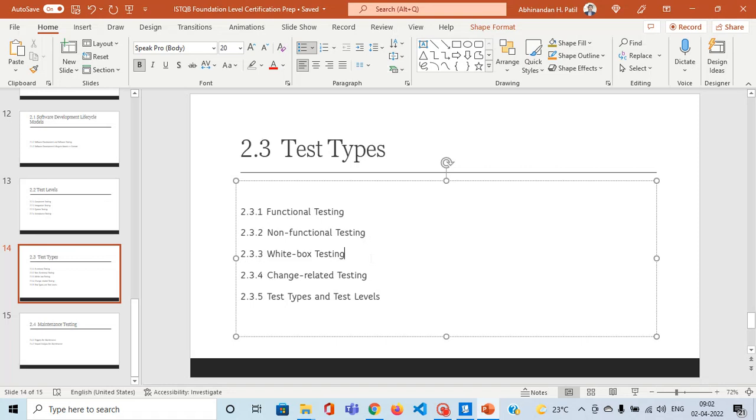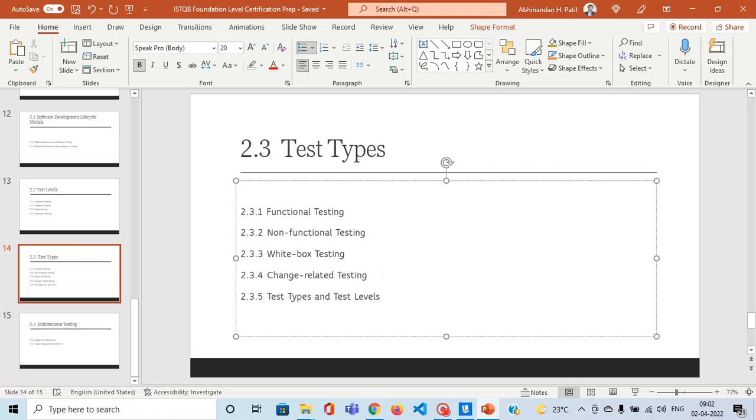Now, next is change related testing. What we mean by change related testing is whenever a bug or a defect is reported, let's say you fix that defect and then you check whether the defect is indeed fixed or not. Some people also call it retesting. So confirmation testing and retesting are synonymous.